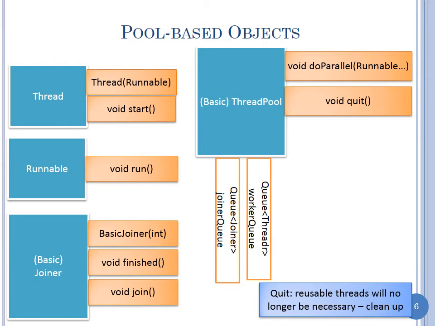First, let's see why the joiner queue cannot be a queue of the joiners as I've defined joiner here. That's the intuitive thing. My joiner has a constructor called basic joiner, which finishes and joins. I'm saying this joiner is not something that I can queue directly. I want to reuse joiners to join after creating threads for different expressions.